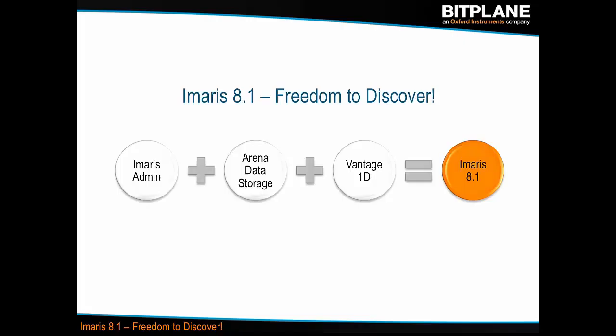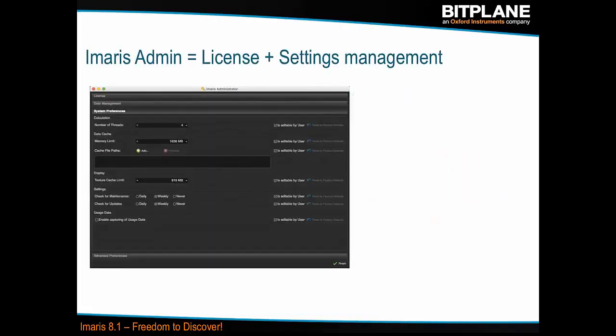So if we go into a little bit more detail, this is the panel. Sorry for the small print here. This is meant to be seen on the computer screen, not on a huge screen like that. This is a sliding panel, which has four sections: license, data management, system preferences, and advanced preferences.